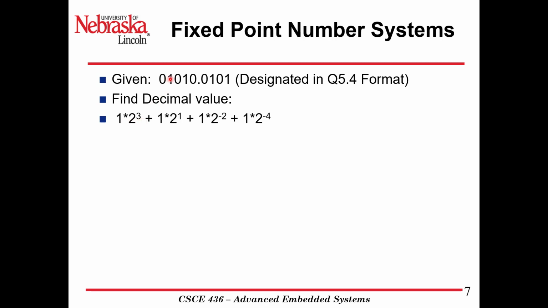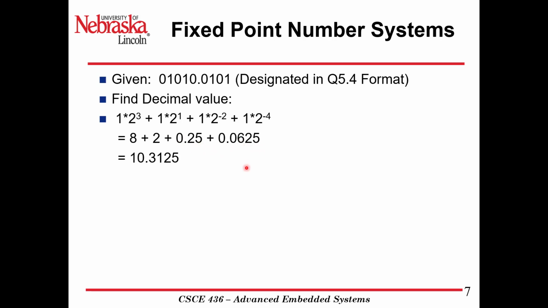So we have 1 times 2 to the power of 3, 1 times 2 to the power of 1, then 2 to the negative 2, and 2 to the negative 4. Notice we start left of the binary point at 0, and we go negative to the right, and then positive to the left to increment those values. That gives us an 8, a 2, a 0.25, and a 0.0625.